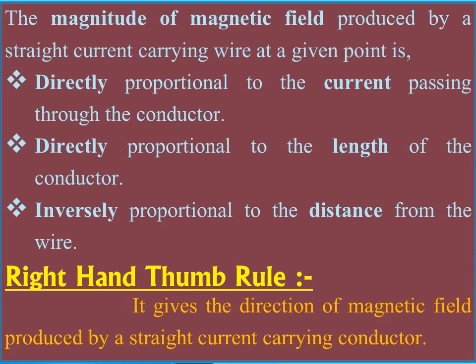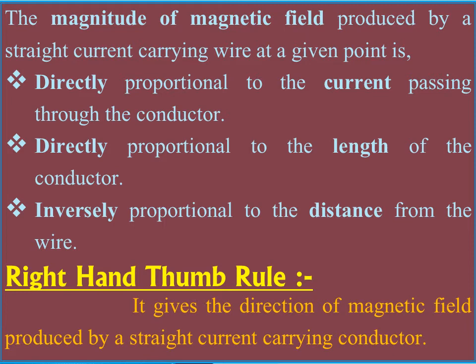So the magnitude of magnetic field is directly proportional to the current, and it is also directly proportional to the length of the conductor. Next, the magnitude of magnetic field is inversely proportional to the distance from the wire. That means if we move away from the wire, the magnitude of magnetic field decreases.